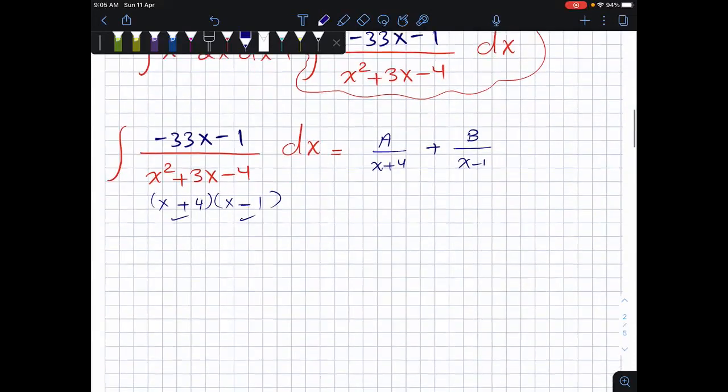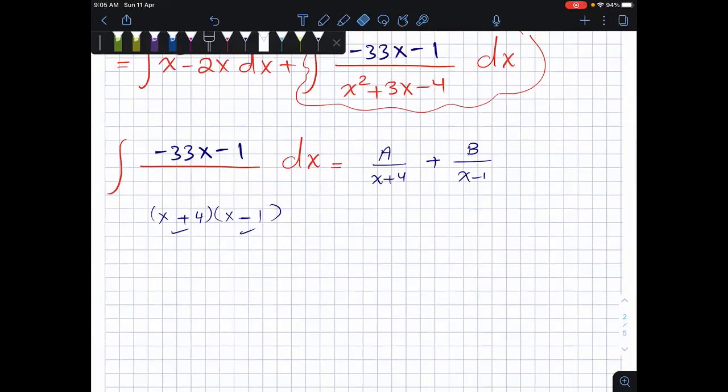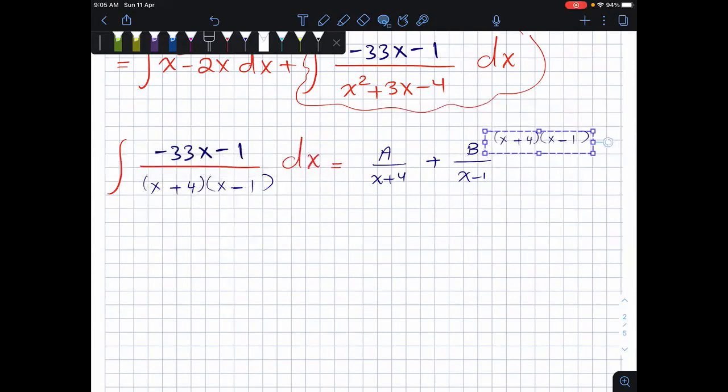To cancel this out, we put here x plus 4, x minus 1. We have to multiply by x plus 4 and x minus 1, here and here, in every part.